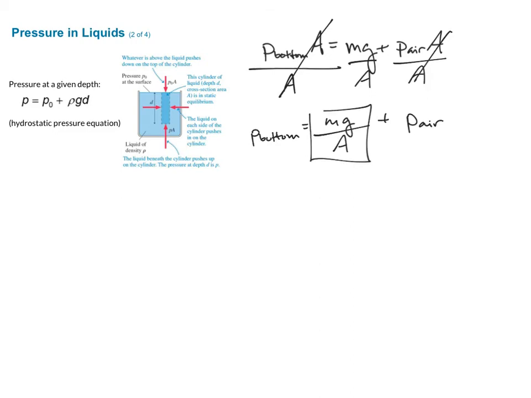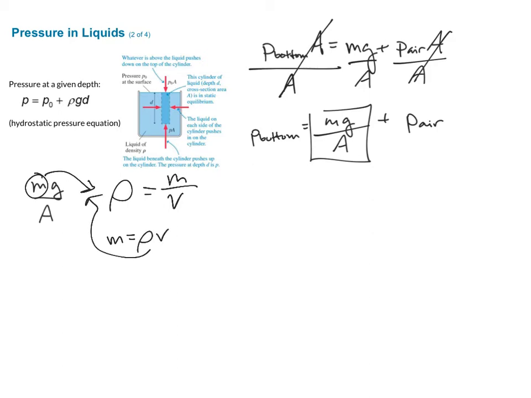Now let's look at it over here on the side, mg over A. So something we could do here is work with this m. And we're going to solve for this m from the density equation. You'll see why we're going to do this in a minute. So you take the density equation, density equals mass over volume. You solve that for m, you get m equals rho V. And we're going to plug that back in for m.